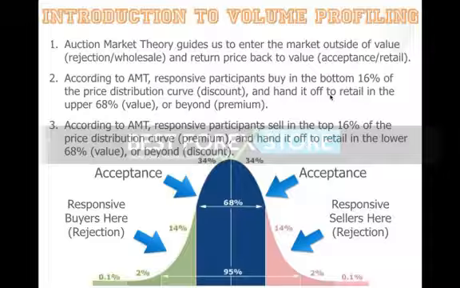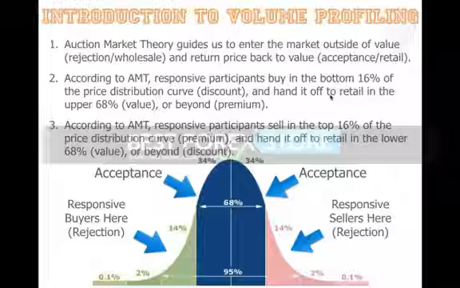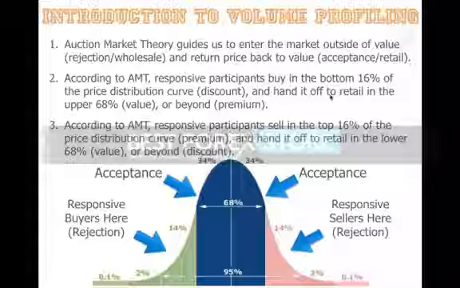So according to auction market theory, responsive participants buy in the bottom 16% of the price distribution curve. This is where the discounts are. And then they look to hand off the trade at retail prices in the upper 68%, which is where there is accepted prices, or perhaps beyond those accepted prices into premium pricing territory.